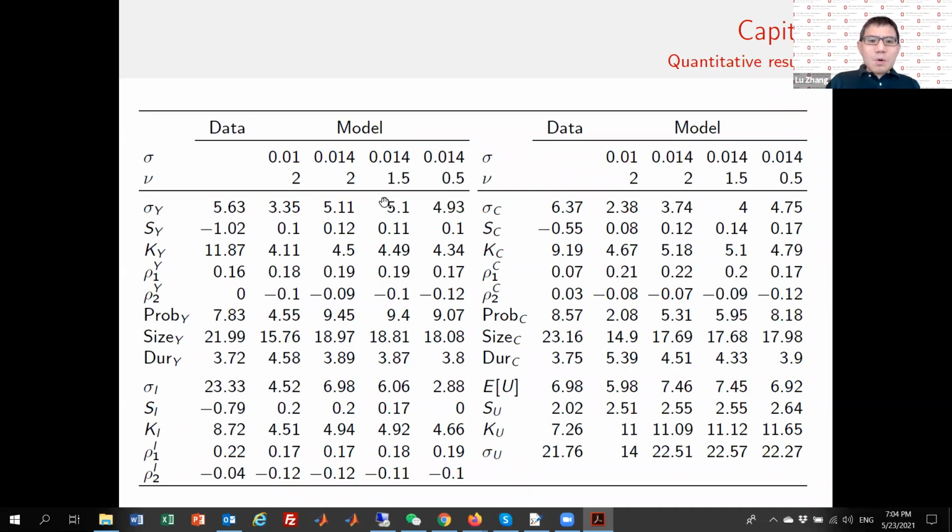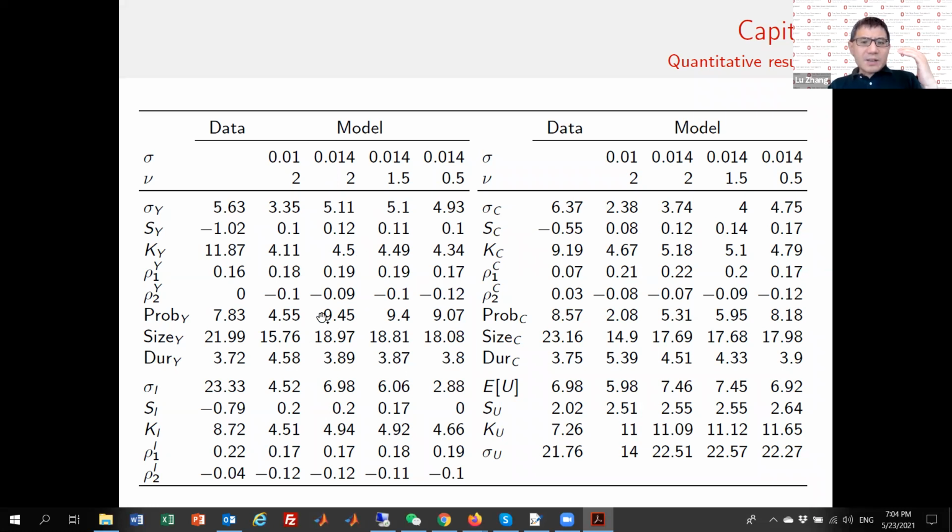So let's look at the quantitative results again to make sure the model is comparable to the baseline model. We again rescaled the productivity shock, in this case the conditional volatility of total factor productivity, to match the output volatility in the data. Okay, 5.1 versus 5.6, we get close.